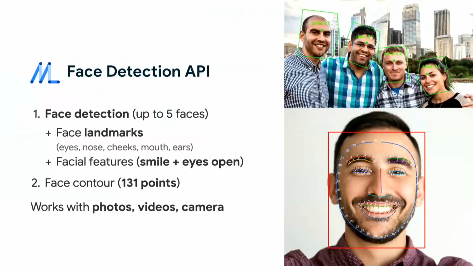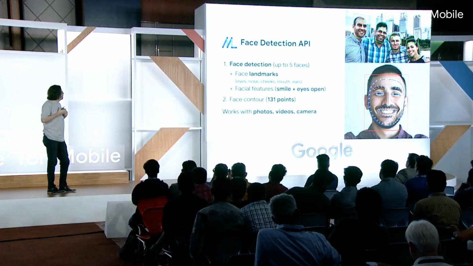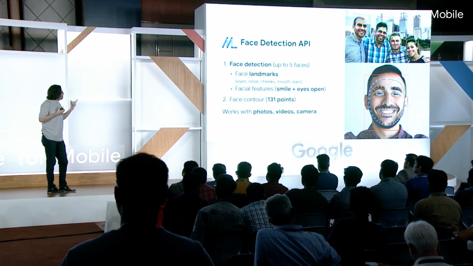Another API: face detection. Face detection, as it says, detects faces in photos or videos, and it has a couple of different modes. It has regular face detection, so you can detect up to 5 faces, but on top of that, you can also see if the eyes are open, or a person is smiling or not, and to what extent they're smiling. We also give you the face landmarks, so we can tell you exactly where the nose, the ears, the cheeks, the eyes are.